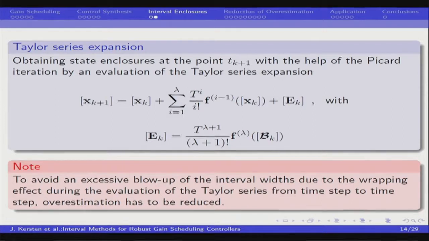So now we have to take some countermeasures because we need to avoid the excessive blow-up of the interval width due to the wrapping effect that we already heard of today as well. So we need to reduce the overestimation.